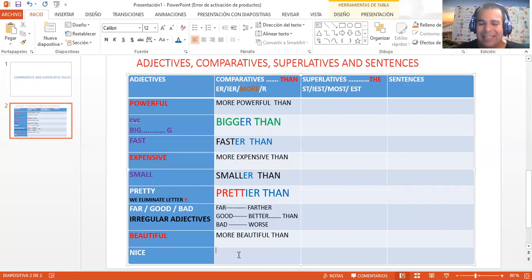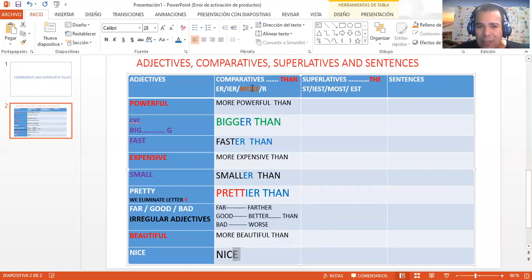Next one, the last one, nice. Nice is only a one syllable adjective. So we write it down right here. I'm gonna put it bigger, nice. So if you see, this adjective already has a letter E, this one right here.